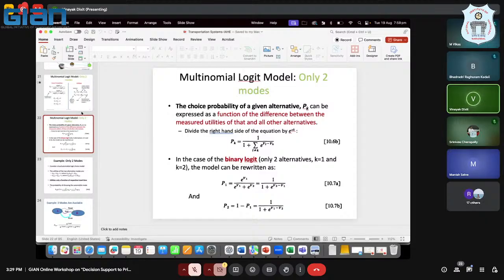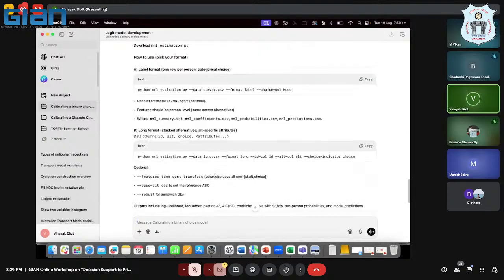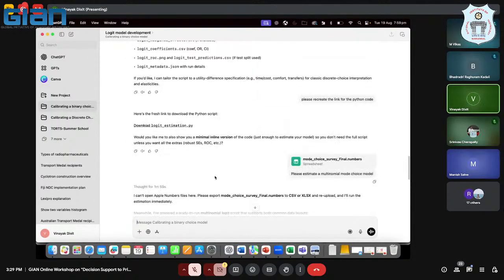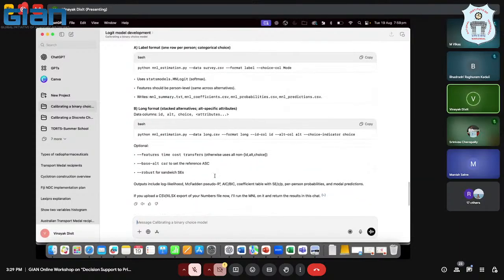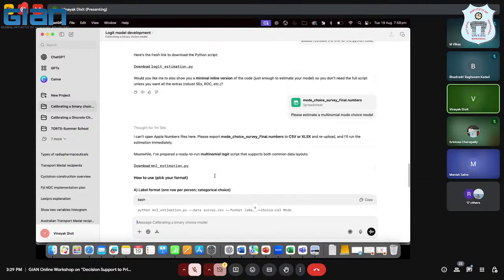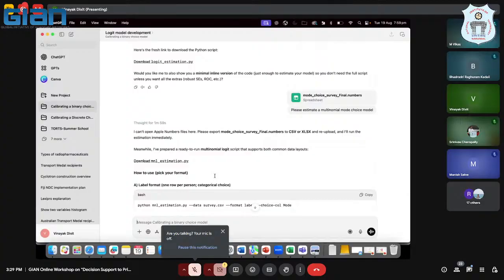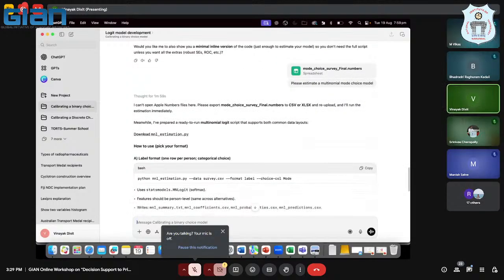When you do the coding, I'm not doing the coding in this, right? It has run the model. Actually, it's a different one. Okay, let me try this other one.